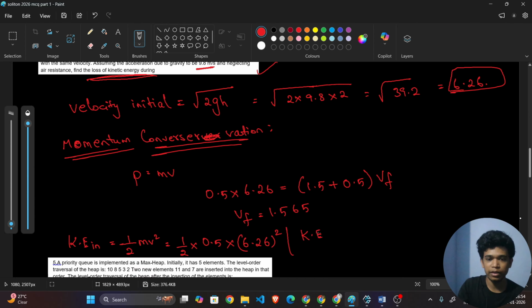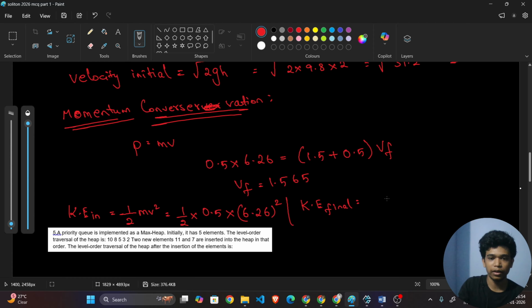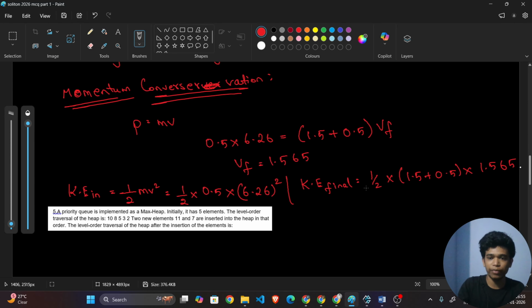Similarly, kinetic energy final is half into the next mass I have taken, 1.5 plus 0.5, into its final velocity, 1.565. Now after finding both, just do kinetic energy final minus kinetic energy initial. That's it. You will be getting the answer.